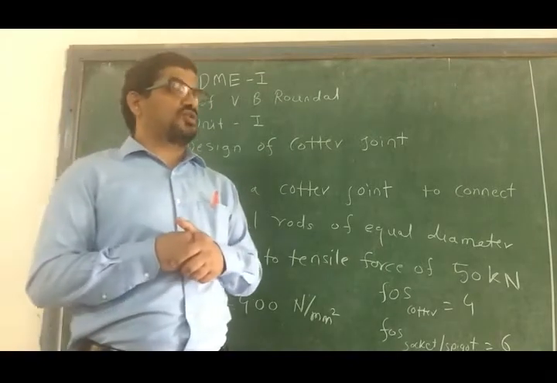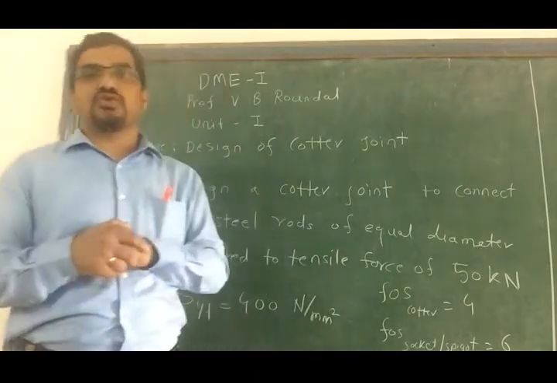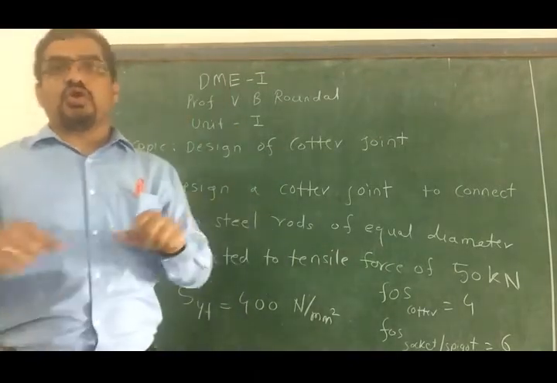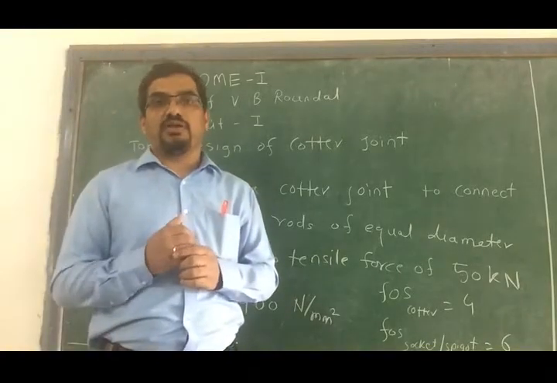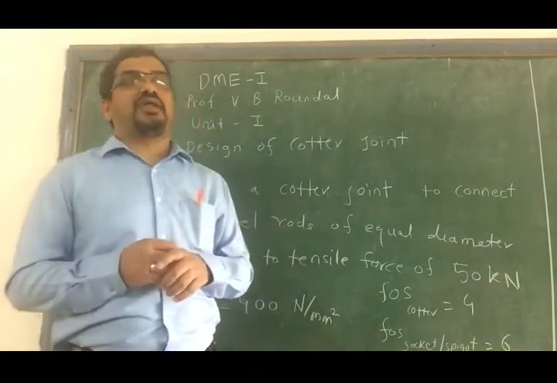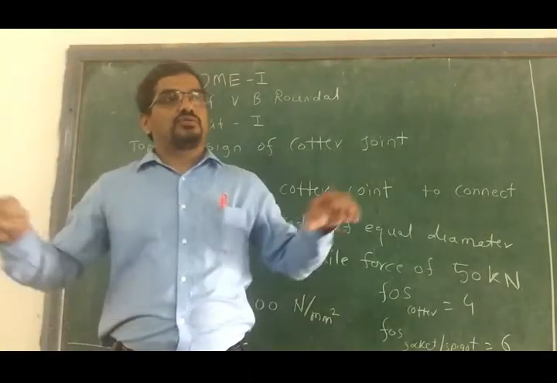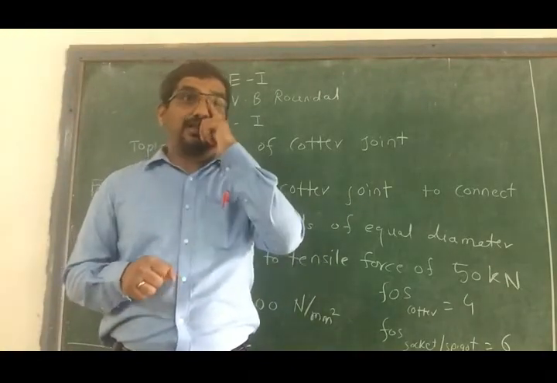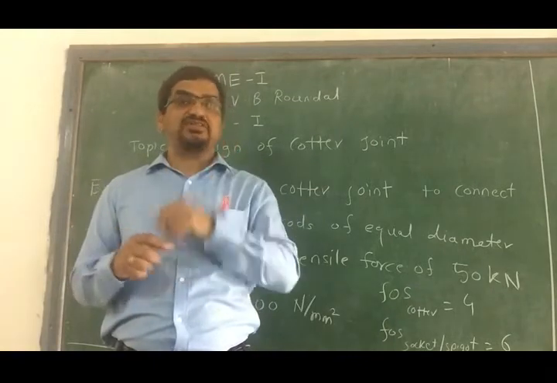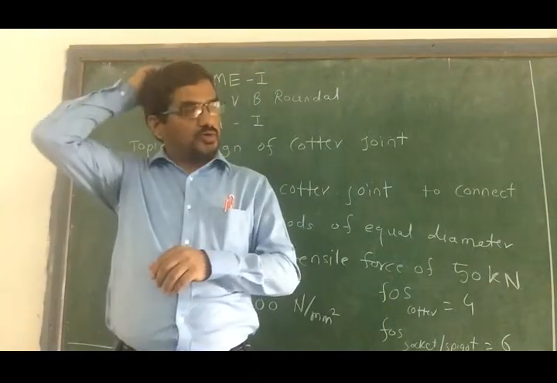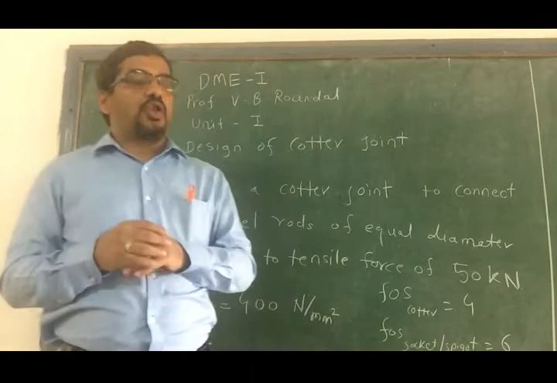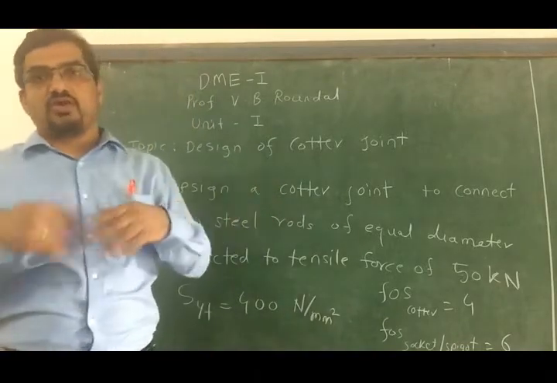So in our quarter joint, you guys know what a quarter joint is. It is used to join two rods with the help of a quarter pin. One end is called the socket end, another end is called the spigot, right? Those two are clubbed together and they have a slot in between, and a wedge-shaped quarter is inserted. Now what happens? The load is not for rotary motion.